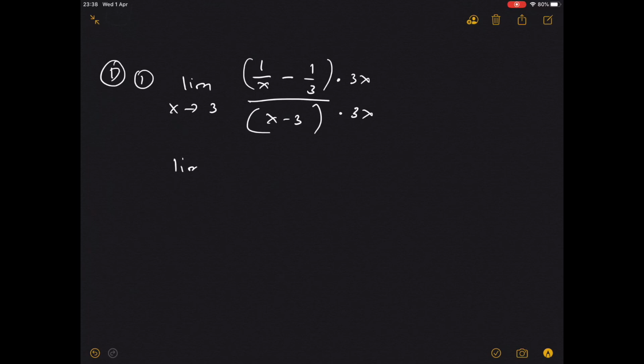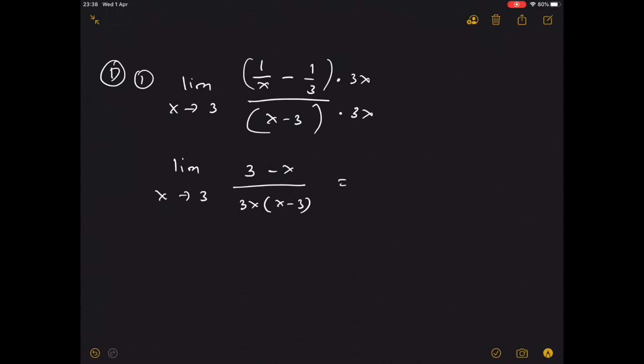The numerator will become 3x times 1 over x, which gives 3, and 3x multiplied by 1 over 3 gives negative x, over your denominator of 3x multiplied by x minus 3.